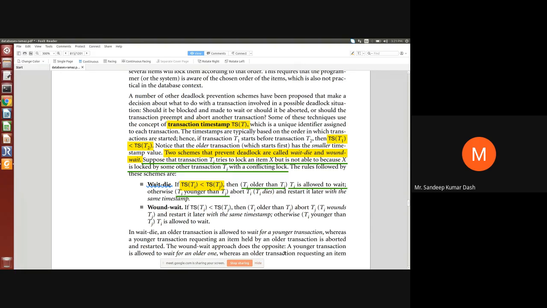Suppose you hold an item in write lock, and I am coming, an older person, requesting that you release the data item so that I can use it. So an older transaction is requesting a younger transaction, but the younger transaction is holding a write lock.